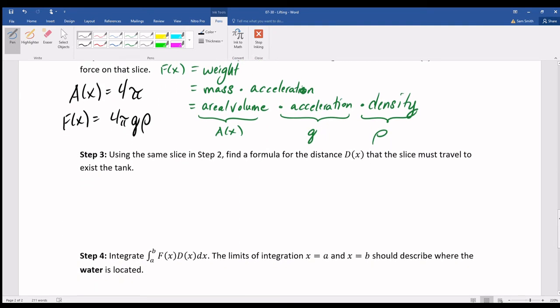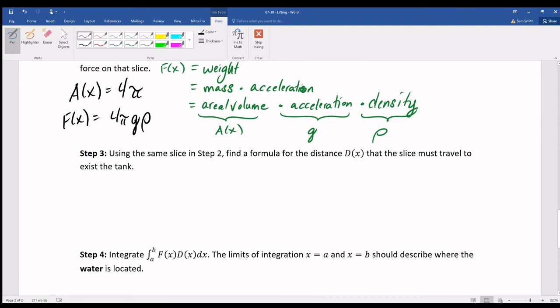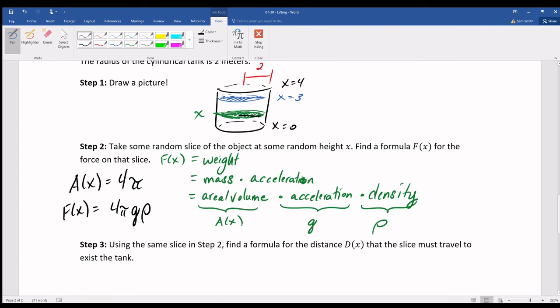Step 3. Okay, for this one slice, we figured out the force that would need to be exerted on that one slice. We also need to figure out the distance that would be traveled by that one slice, because force times distance is work. So that would be the work done to lift that slice if we take the product. Now this is where I would go back to our drawing.